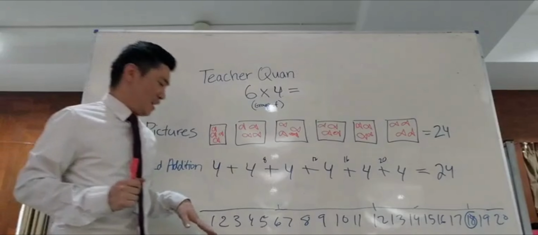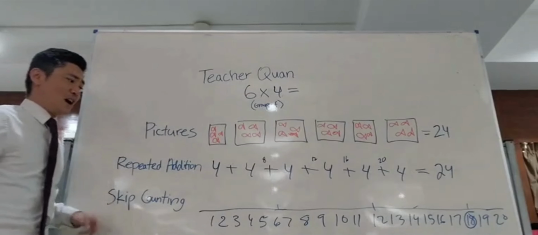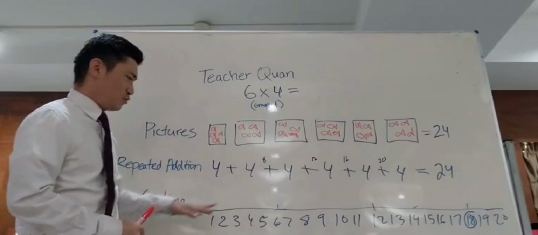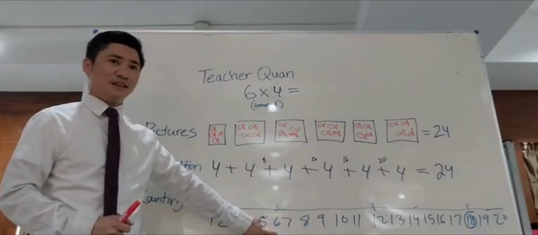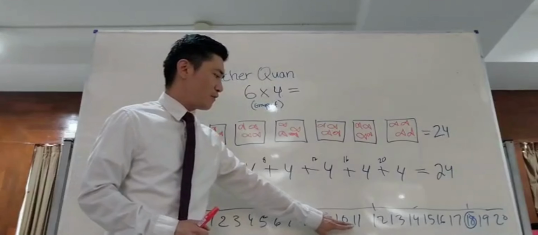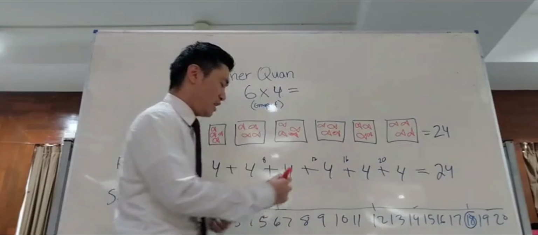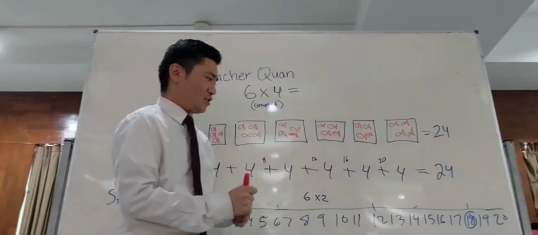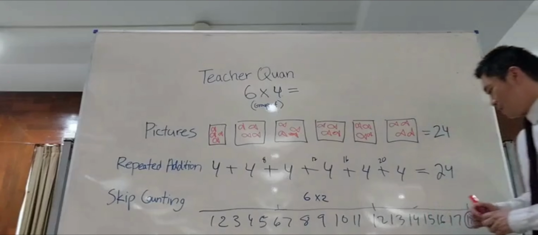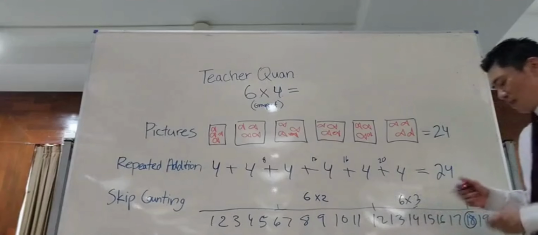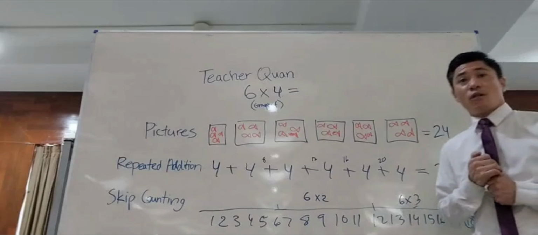So if we were to do the skip counting approach, how would we go about that? So we start at 6. We want to keep counting 6 more, right? So 1, 2, 3, 4, 5, 6. And as I mentioned earlier, this block means 6 times 2. If 18 was 6 times 3, how do you think we're going to get to 6 times 4?